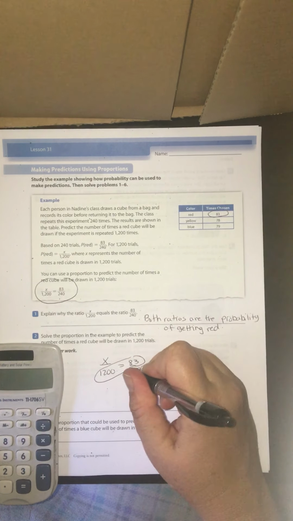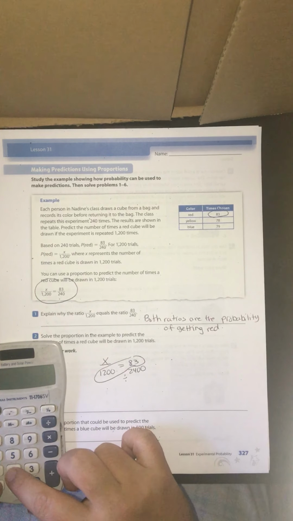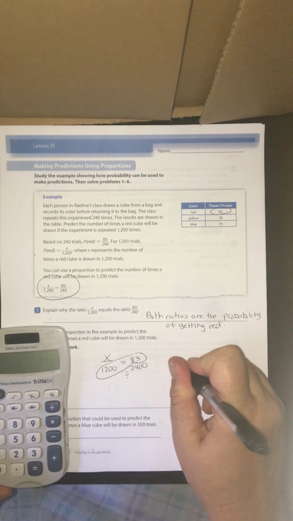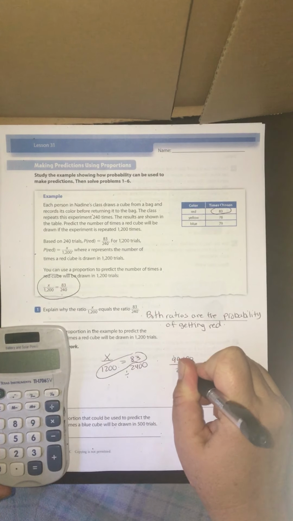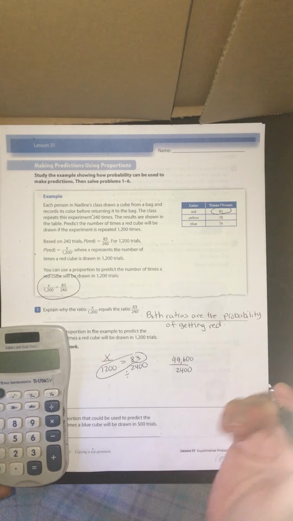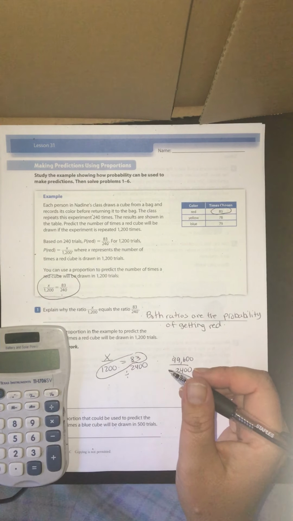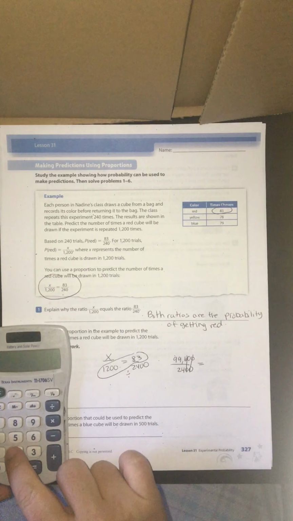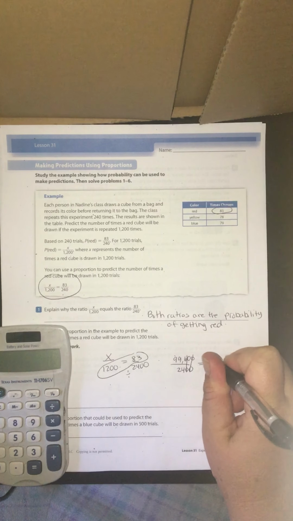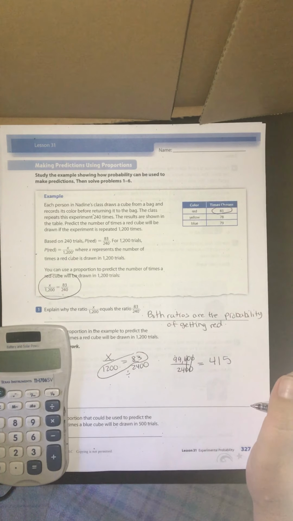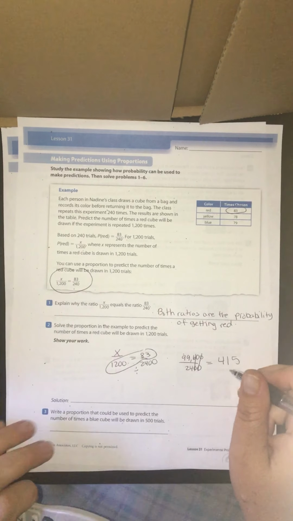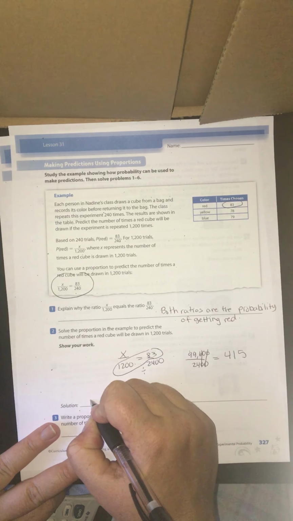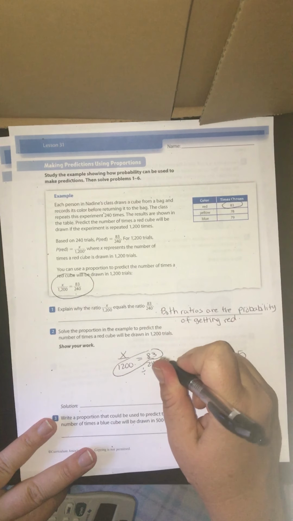Some people would just multiply up or divide down, but I'm going to do 1200 times 83 equals 99,600 divided by 240, which is, if we took the zeros out, 996 divided by 24 equals 415. All right, 415. So we get 415 out of 1200. That's why.